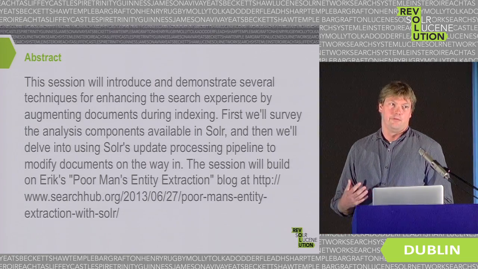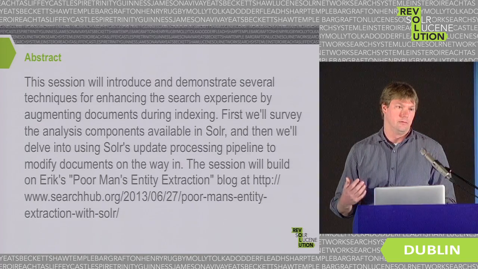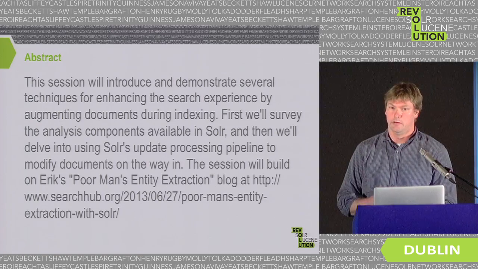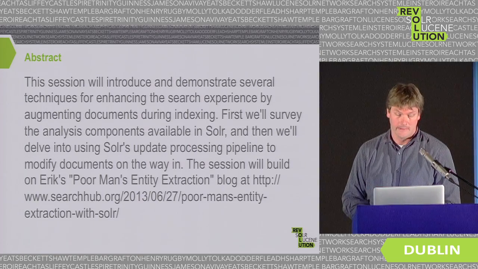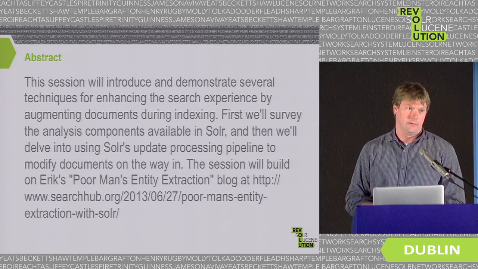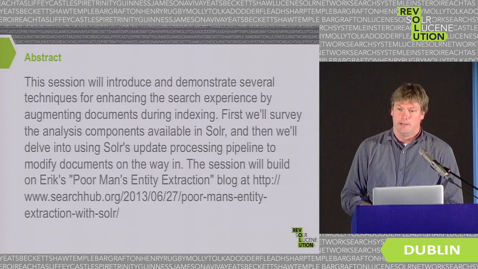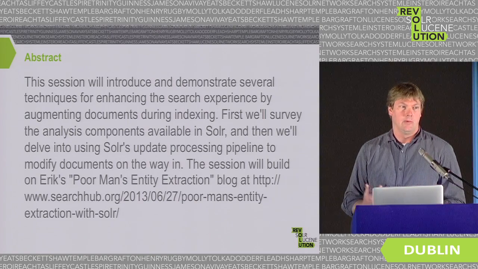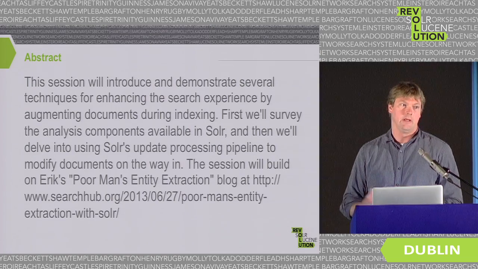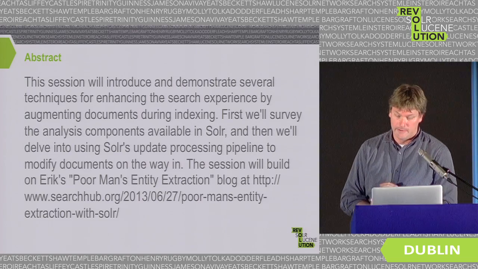This came about from a customer of ours asking us to add entity extraction to their Solr instance, basically. And as we discussed with the customer what they actually wanted, several very lightweight things kind of came out of it. They thought they needed a very heavy-duty entity extractor, commercial products plugged in, and so on.